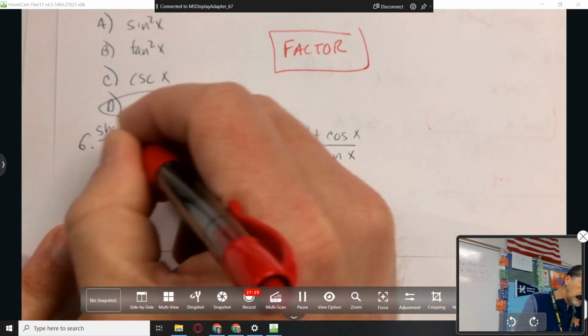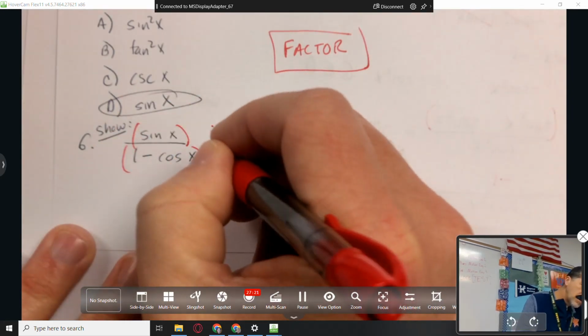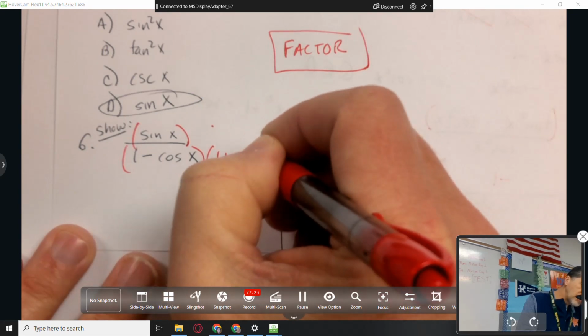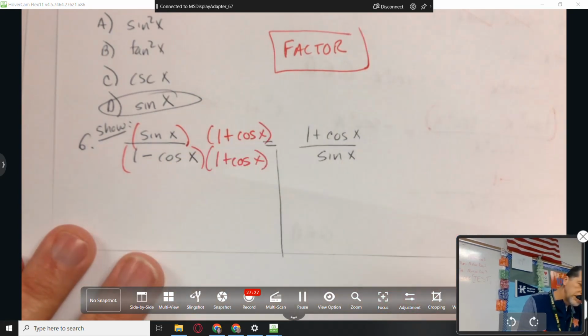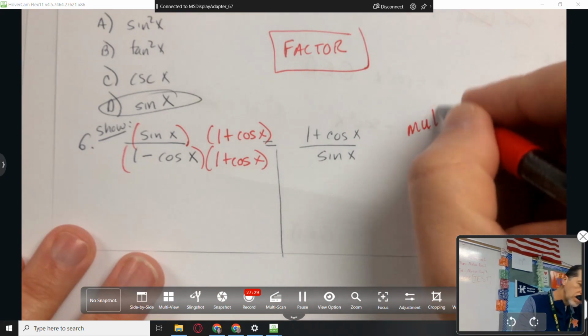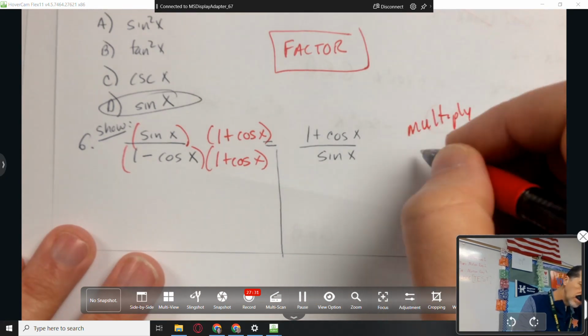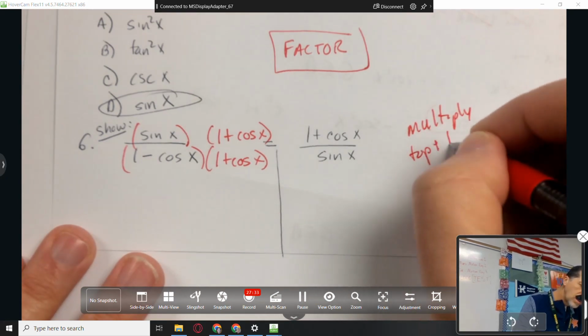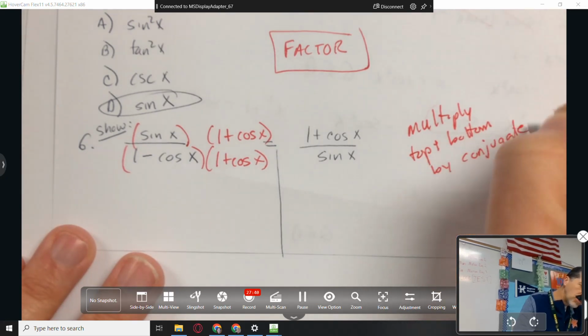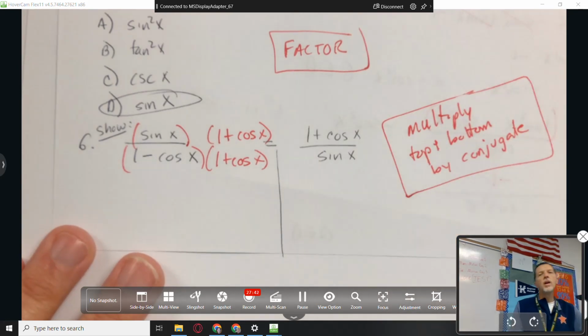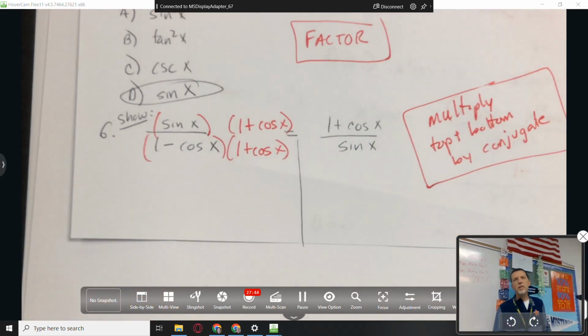We're going to multiply the top and bottom by the conjugate. So that's sort of our last technique that we can use. Multiply top and bottom by conjugate.